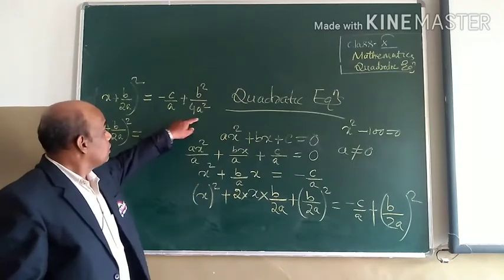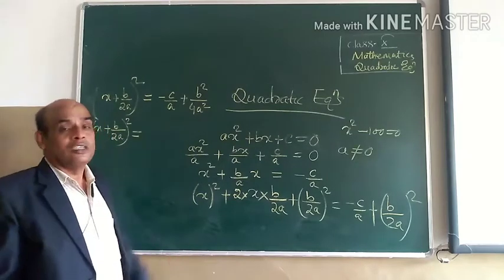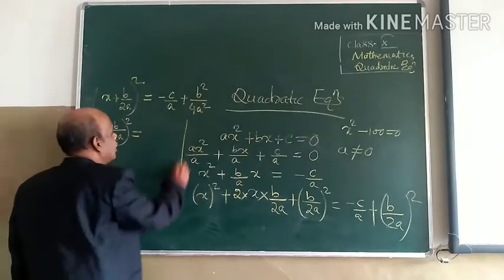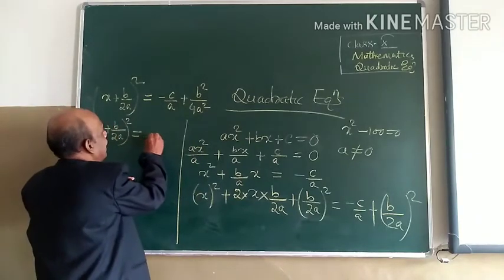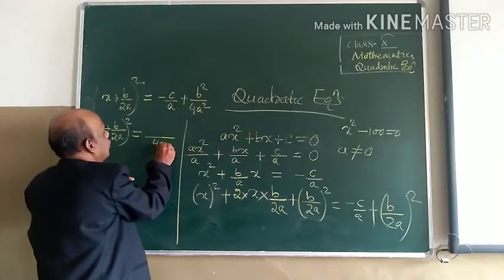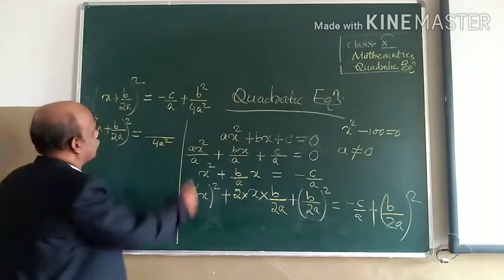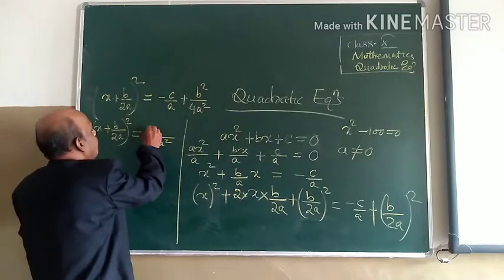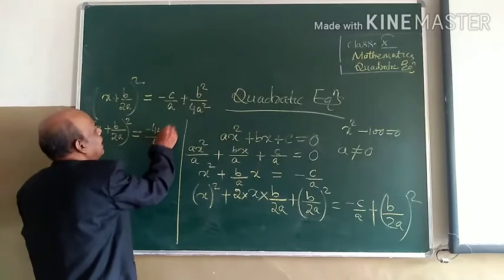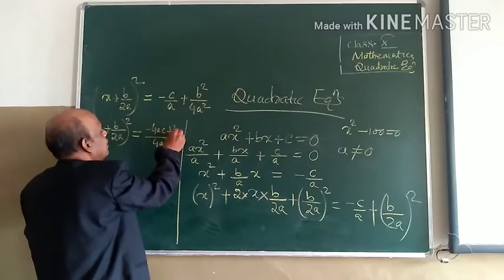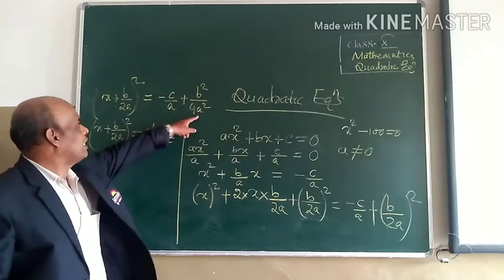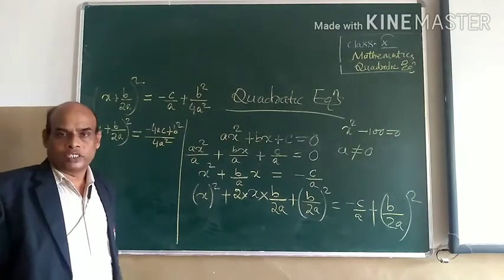We have to calculate this. Ultimately the LCM will be 4a square. So here it becomes 4ac, and here nothing is required, so b square, because 4a square is there. LCM is also 4a square.